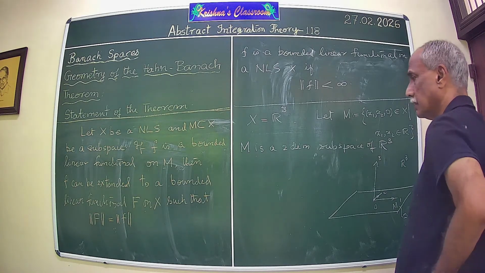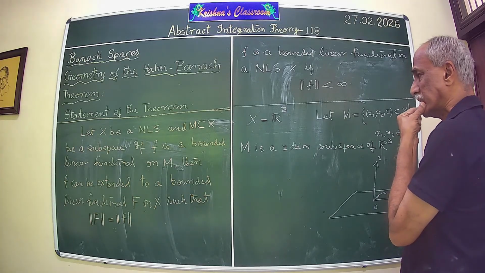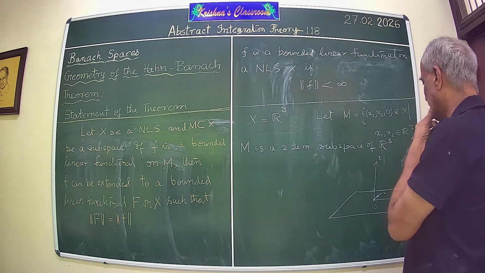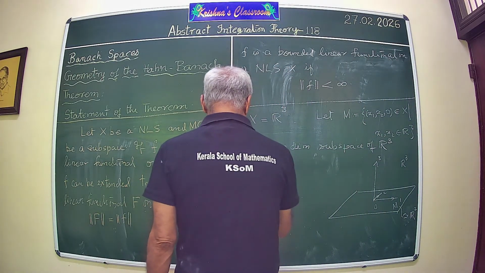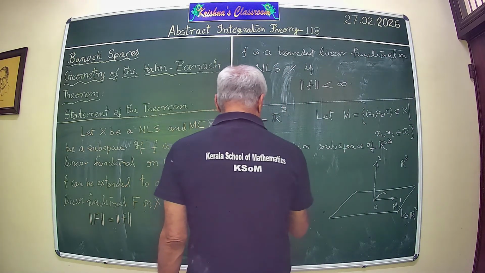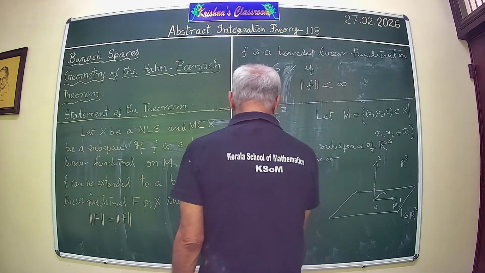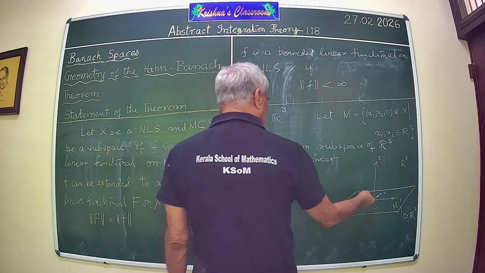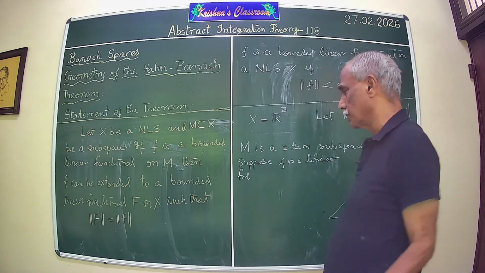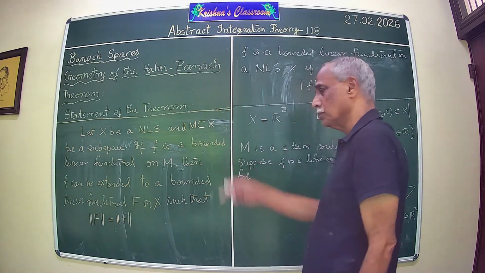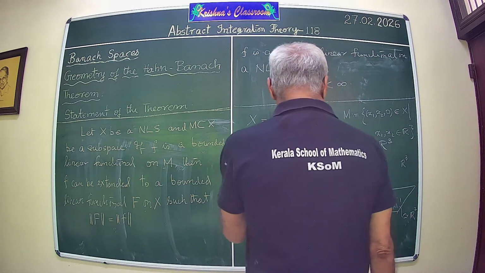It says suppose there is a linear function. Since we are working in finite dimension here, all linear functions are bounded linear functions. Okay, but the moment you work on infinite dimensional spaces, that statement is not true.